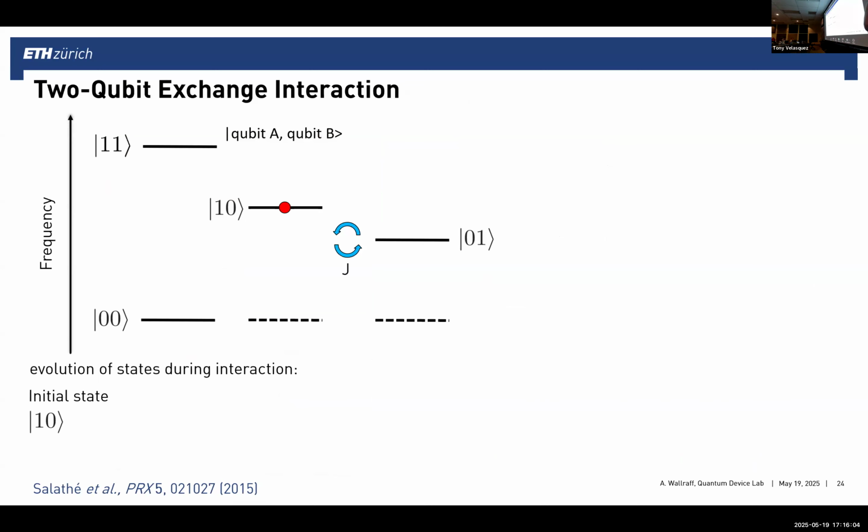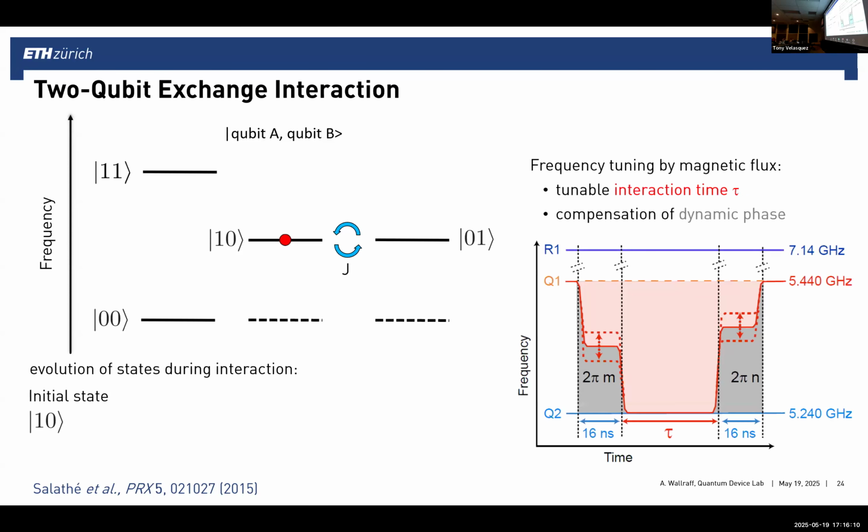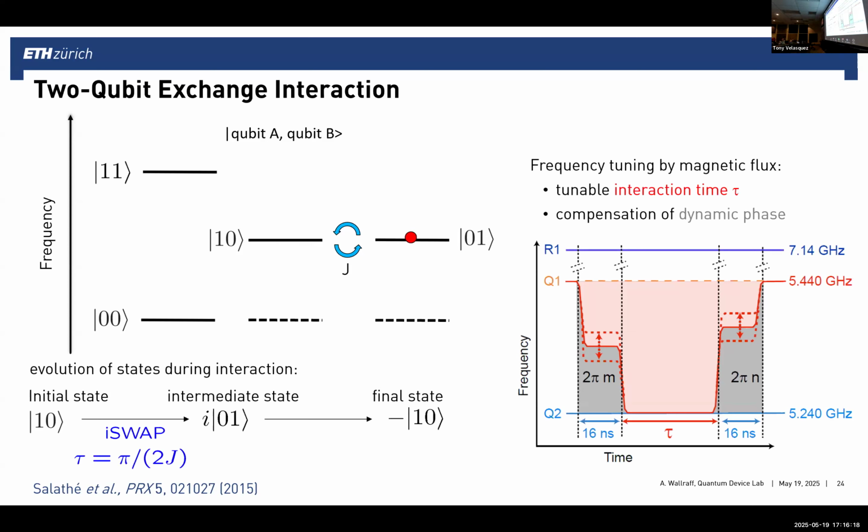You prepare one of the qubits in an excited state and tune it into resonance with the other qubit, then this interaction J leads to an exchange of the qubit excitation from the left qubit to the right qubit, and after twice the amount of time the excitation oscillates back to the original qubit.